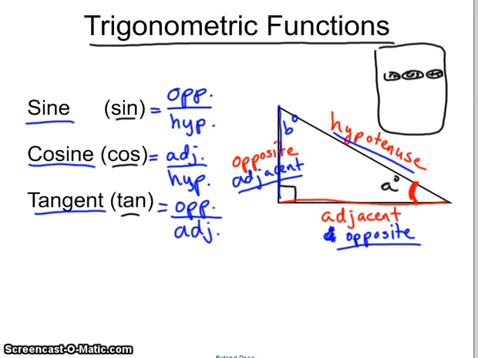A good way to remember how each trig function works in accordance with each side and angle is by this acronym, SohCahToa. If you can remember that, you can remember how the trig functions work.